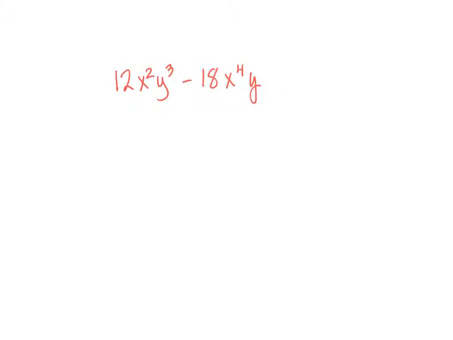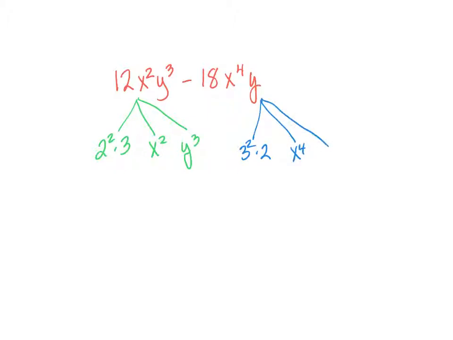Okay, so let's pretend this is the problem that you had and it's not as nice as the other one. So we're going to factor this into 2 squared times 3, x squared, and y cubed. Then we're going to factor this one into 3 squared times 2, right, 9 times 2, and x to the fourth, and y.